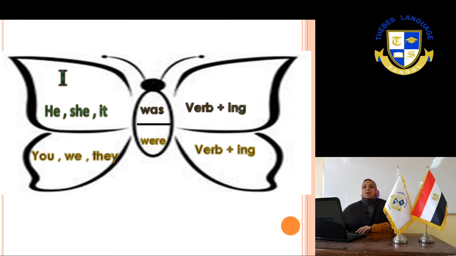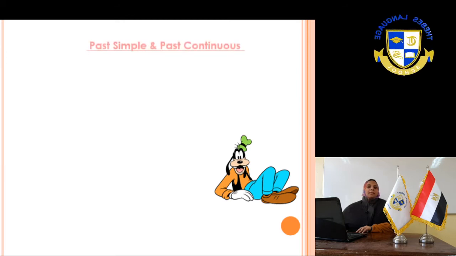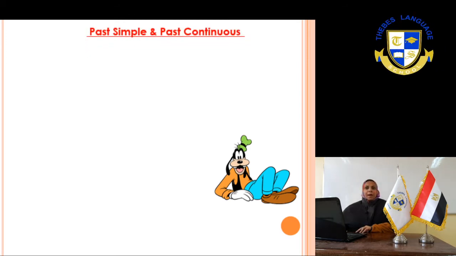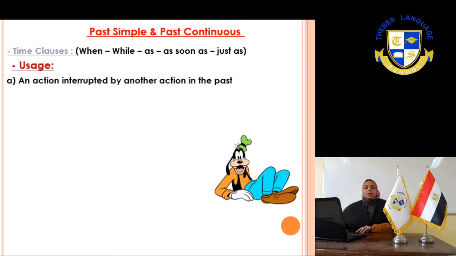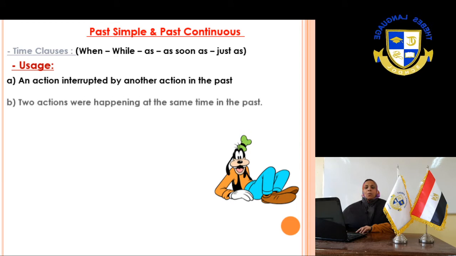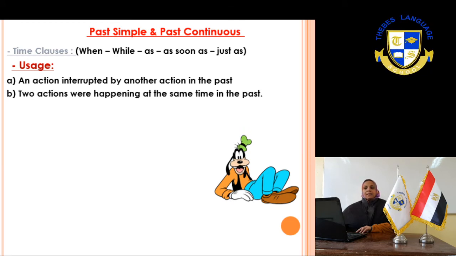Okay, the next slide. There are some sentences that I use both past simple and past continuous in them. First of all, we have to know the keywords for linking the sentences together. I have time clauses like when, while, as, or as soon as, or just as.